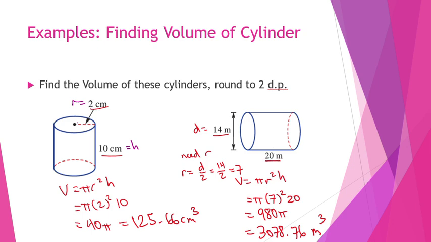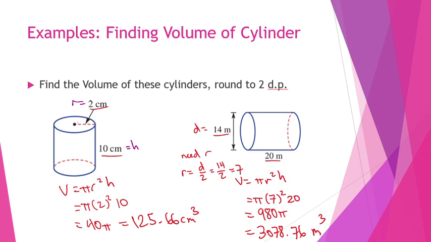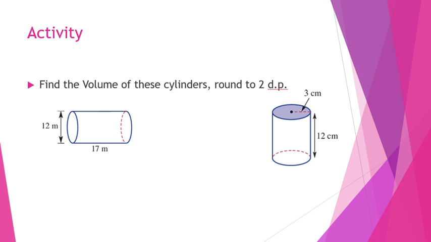There we go. So the volume is 3078.76 meters cubed. And that's all. Try this out for yourselves. I'll be back real soon.